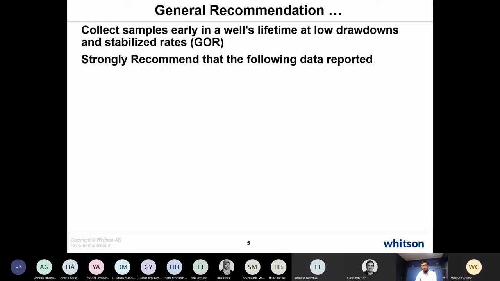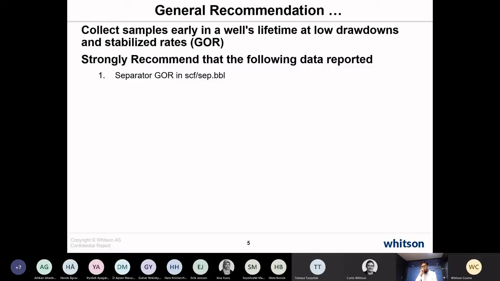We also strongly recommend that the following data be reported when you collect samples. One is the separator GOR, and that's the most important thing: that you get the right separator GOR reported in your PVT reports when you are collecting surface samples.